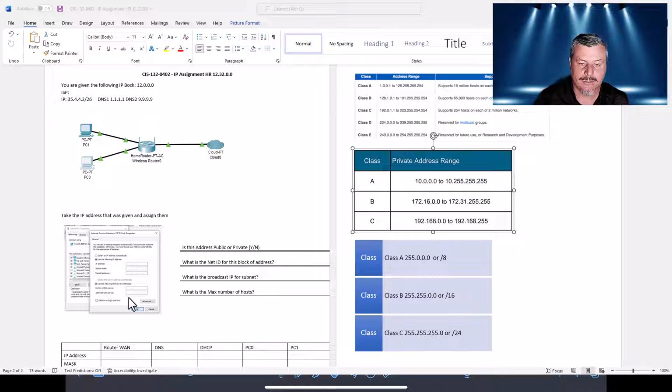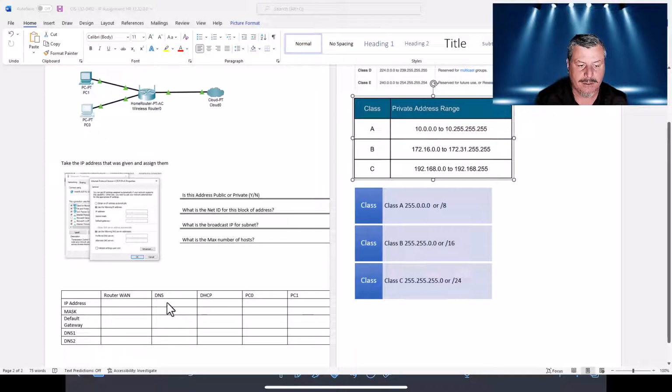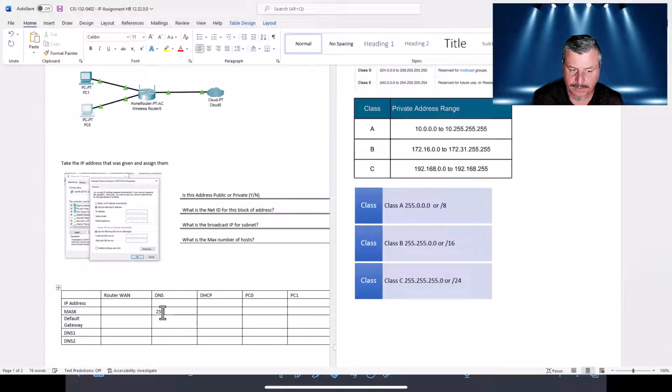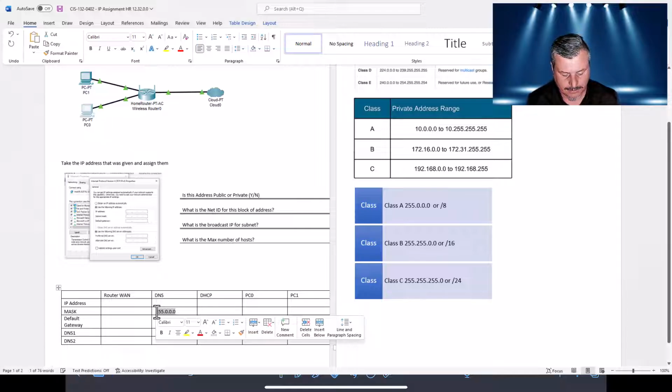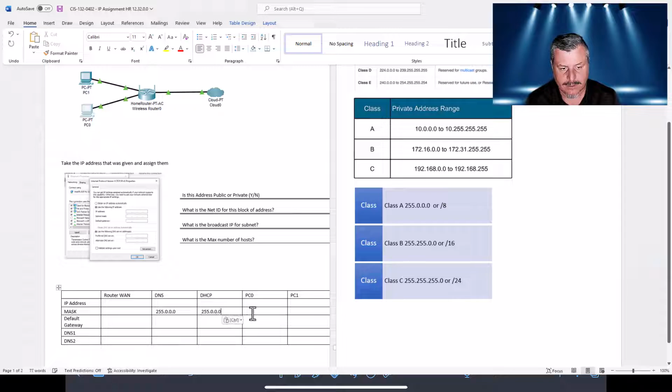Let's scroll down, and again, here's the little chart. Our default mask is 255.0.0.0. So we're going to say our mask is 255.0.0.0.